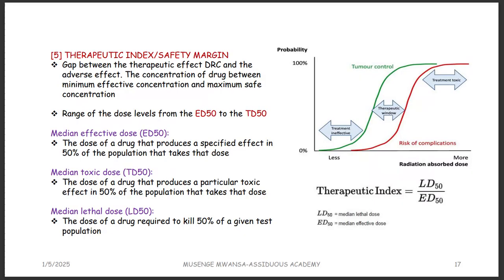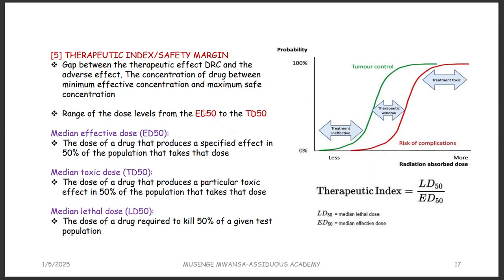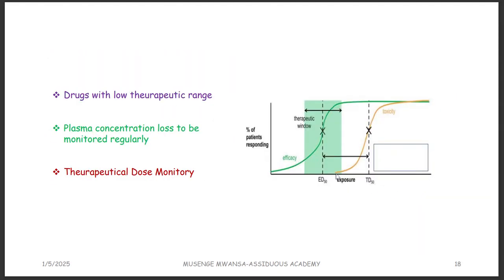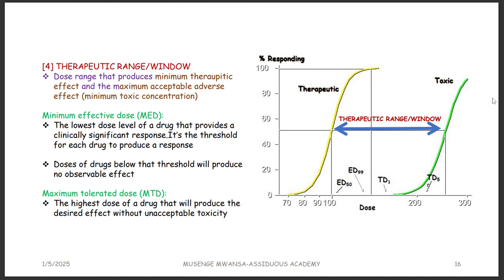Please, if you are not clear between the two, ask. So drugs that have a low therapeutic range are going to be monitored regularly. You know why I should monitor drugs with a low therapeutic range? Because they are dangerous. You can see this graph here. This range here is very big. But let's say this green line, we move it more to the left, and the distance between these two becomes small.